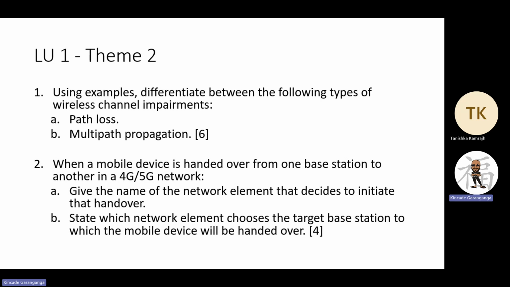So in this particular example, we've got a 6-mark allocation for the first question. But if you check correctly there, you'll find that they're asking you to differentiate between the two. So obviously a basic description or explanation of what path loss and multipath propagation is. But at the same time, they've asked you to use examples as part and parcel of our differentiation process.